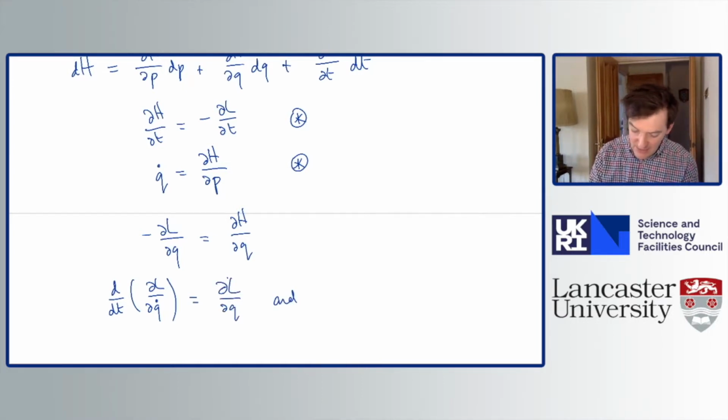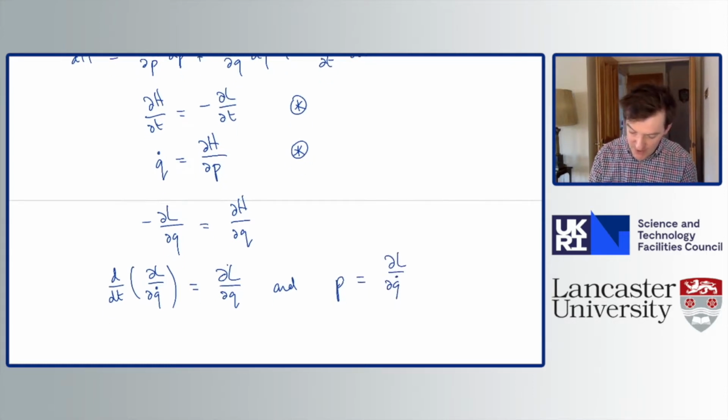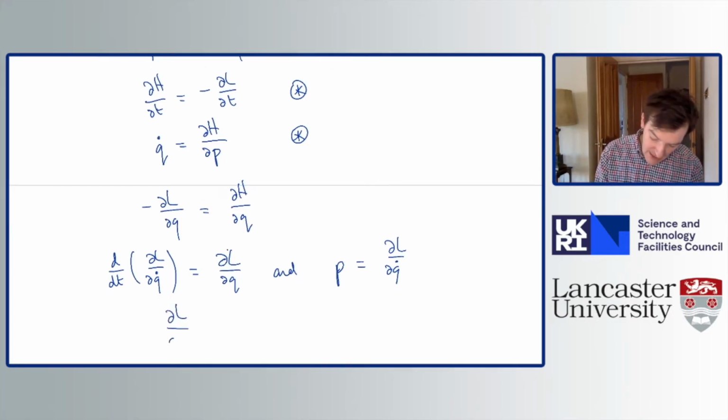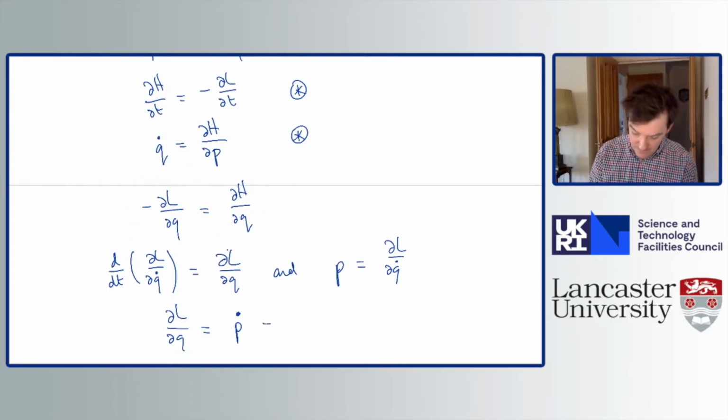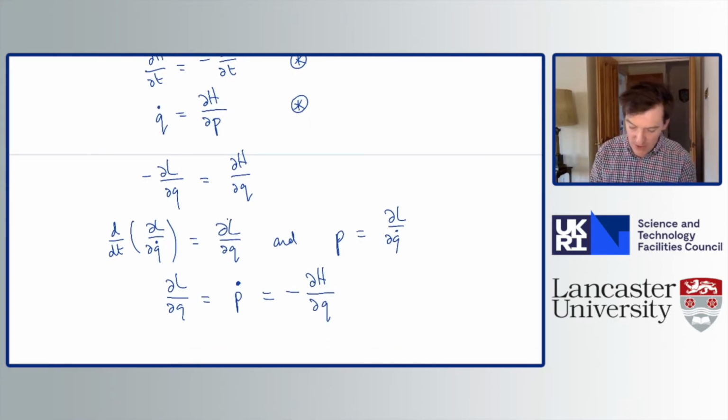And we know that the definition of p is dL/dq dot. Putting these together, p enters here, so dL/dq is p dot, the total derivative with respect to time of p. And from the equation above, dL/dq must equal minus dH with respect to q. So this is the third equation.